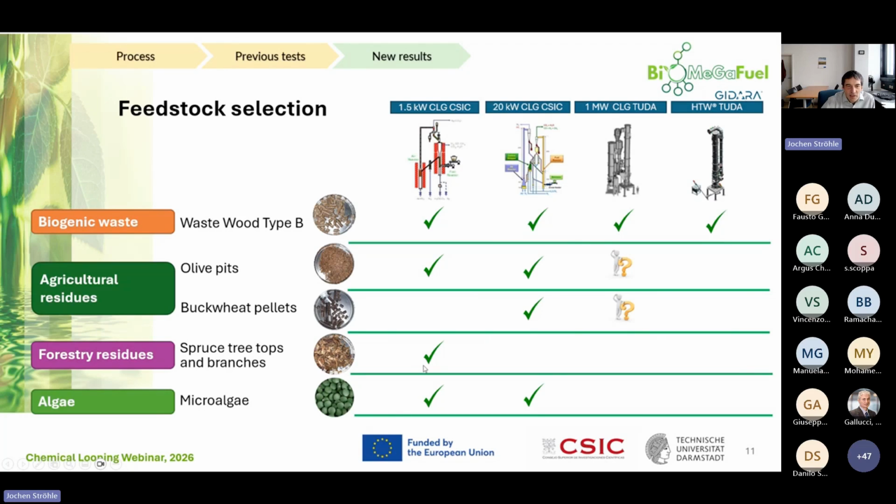And some of the fuels like wastewood will also be tested at a larger scale. We have not yet decided whether at 1 megawatt we will go for the olive pits or for the buckwheat pellets, because we expect some problems with agglomeration, because agricultural residues usually have a low ash melting behavior.